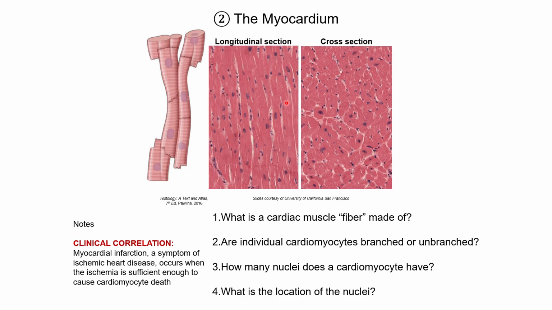So when blood supply to these muscles becomes hampered, the heart becomes ischemic, not getting enough oxygen, not enough nutrients. This is a symptom of myocardial infarction, and it will lead to death of the cardiomyocytes.